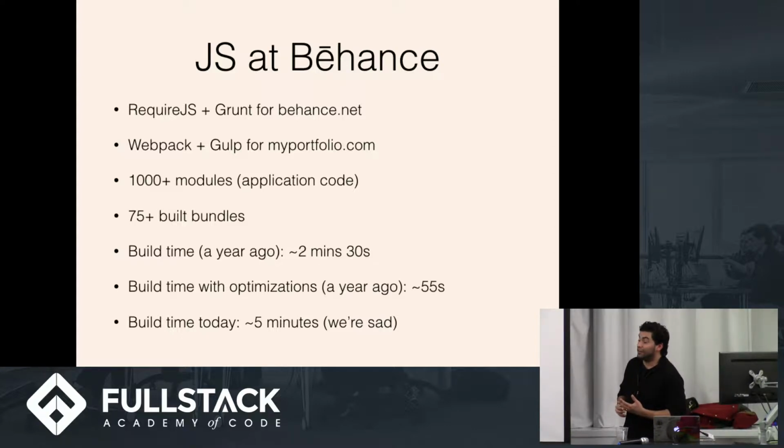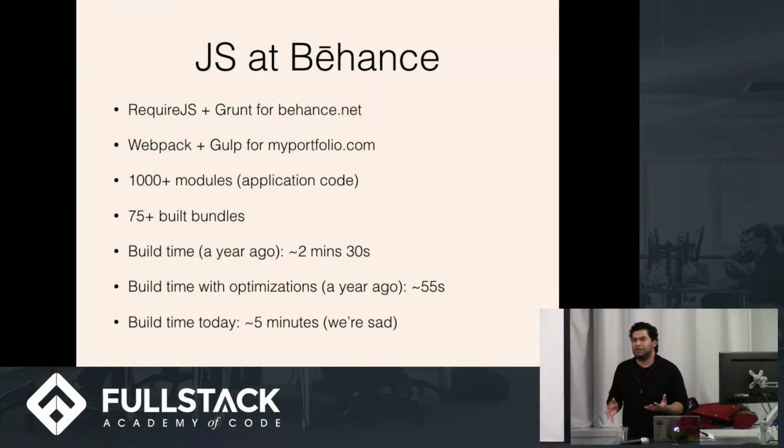I won't be talking about Webpack and Gulp, although the concepts do apply. They still hold true for whatever runner you're using and whichever module loader you happen to be using. So just to frame the sheer size of the code base that we're dealing with on Behance.net, we have about 1,000 plus modules.